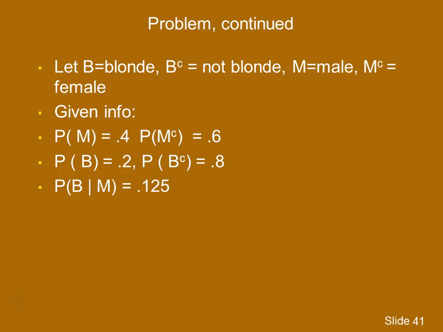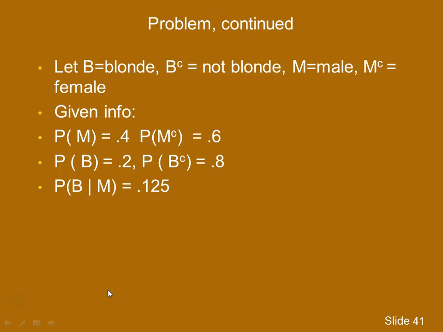And that last piece of information, out of the males, or given male, the probability of blonde is 1/8, or 0.125. Again, that's a conditional probability. Don't forget, the given information goes to the right-hand side of the line. So out of the males is given male.